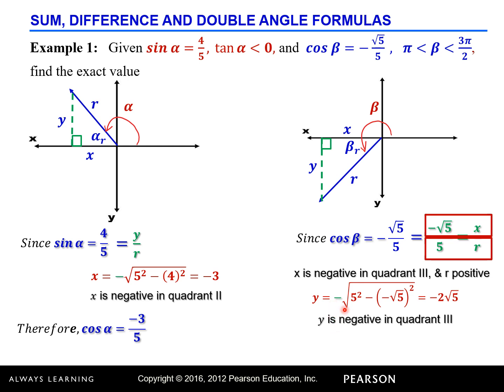So y is negative square root of r squared minus x squared, which is equal to negative 2 root of 5. Take note again that y is negative in quadrant 3, so we have to put the negative in the formula. Now, since we already have x, y, r, we can find sine of beta. Sine beta is y over r, which is equal to this value.